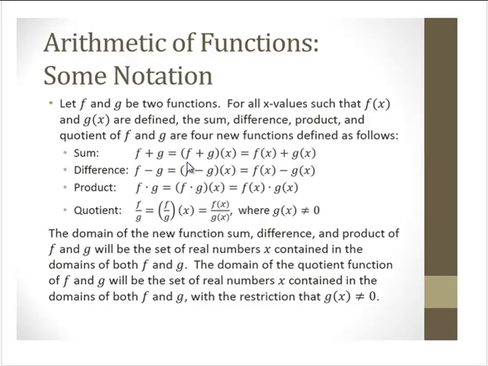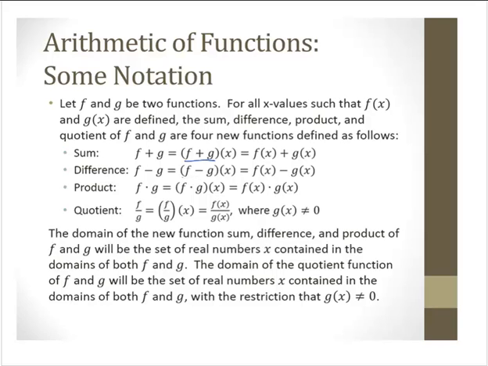So first, some notation with the arithmetic of functions. If f and g are two functions, where for all x values such that f of x and g of x are defined, we can define the sum, difference, product, and quotient of f and g as four new functions defined as follows. The sum function f plus g of x is equal to f of x plus g of x.